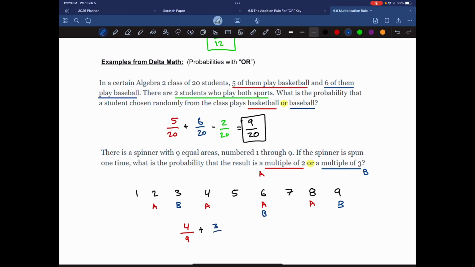Okay. And now I have to subtract anything I share. So is there a number that has both an A and a B? 6, right? Okay. So I'm going to circle that green. I'm going to subtract 1 out of 9 because I have one number that has both an A and a B. So that gives me 6 over 9, or if we simplify, 2 over 3. Okay?